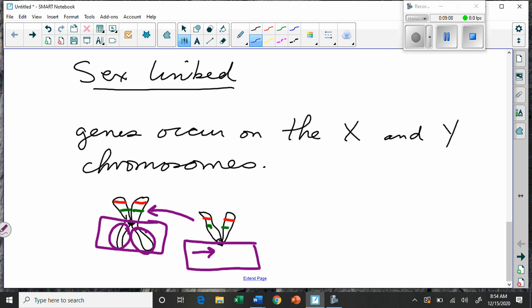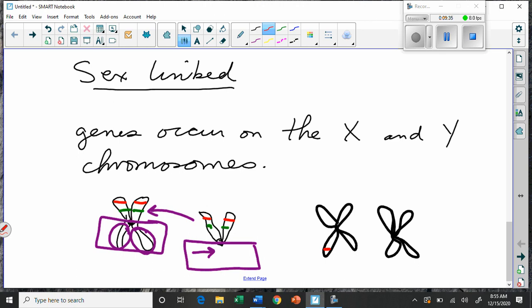If you are a female, here's a female with her two X chromosomes. Well, if you have a recessive allele here, and maybe that recessive allele is for some kind of serious condition. There are lots of sex-linked traits in humans, things like muscular dystrophy.